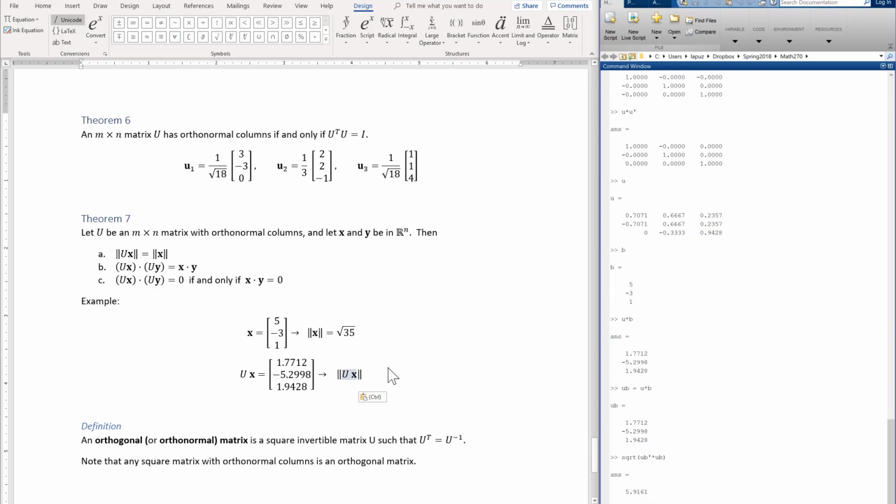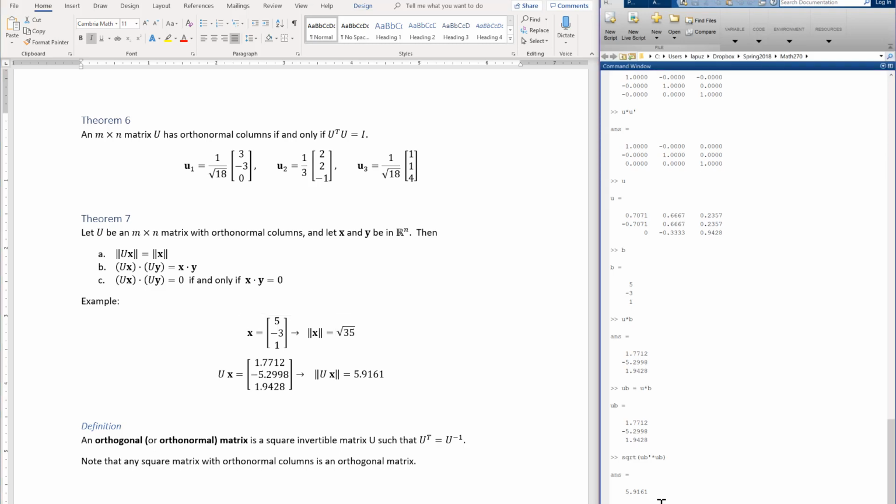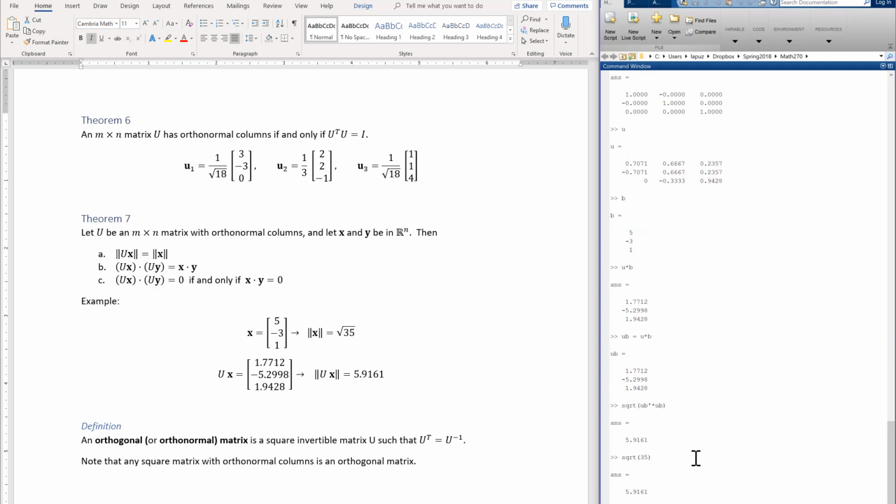So that's equal to 5.9161. Well, we should have just taken that without the square root, but let's take the square root of 35. And we see that we get the same thing. So this must be equal to the square root of 35.